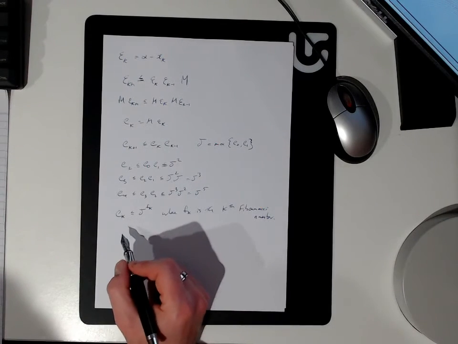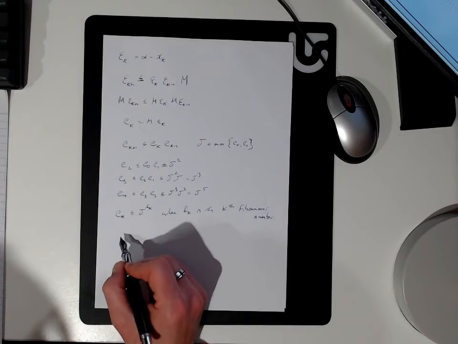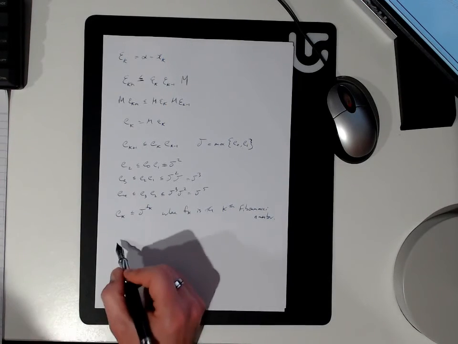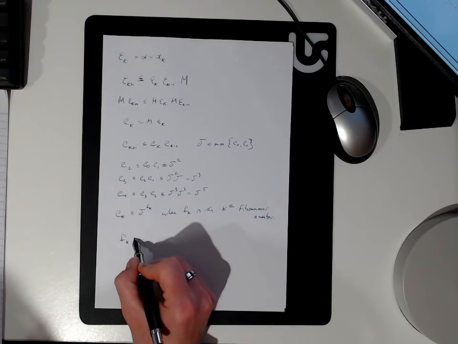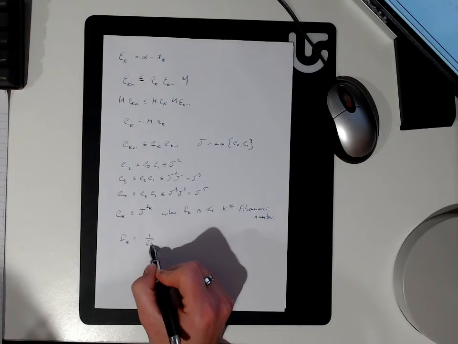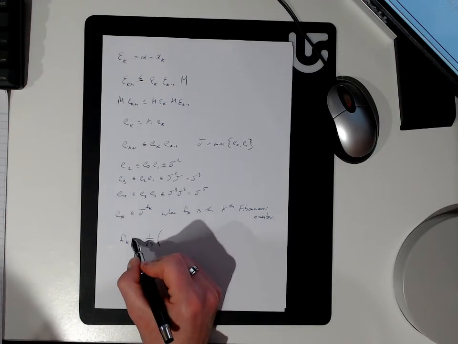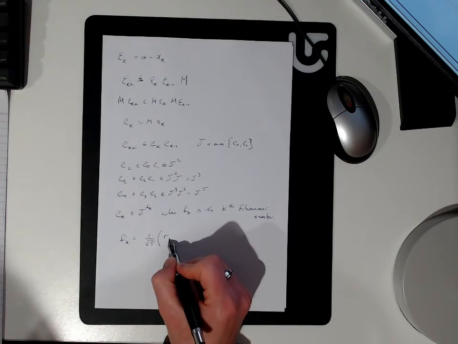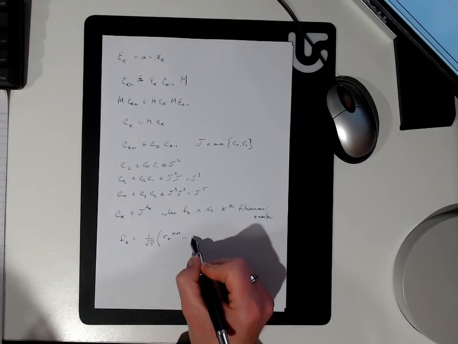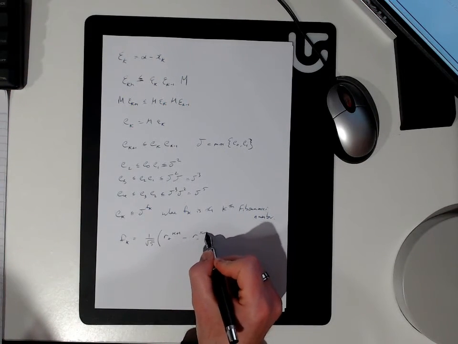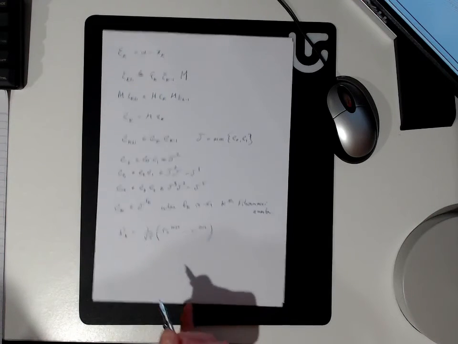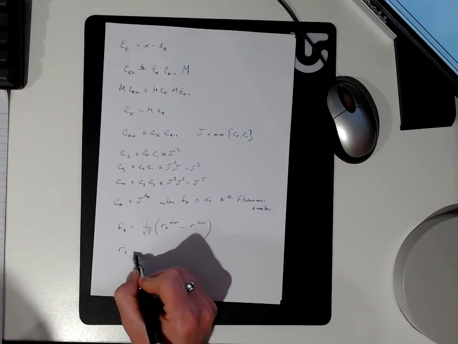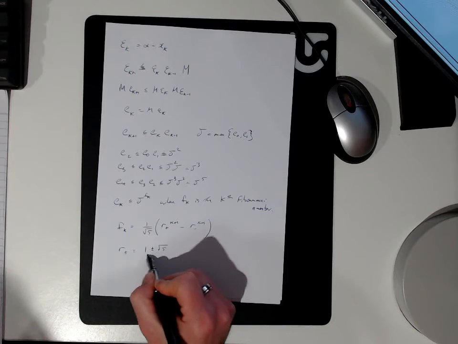Right, now it is possible to write the F_k, the kth Fibonacci number like this. F_k is equal to 1 over the square root of 5, and this is where r plus or minus is equal to 1 plus or minus the square root of 5 over 2.